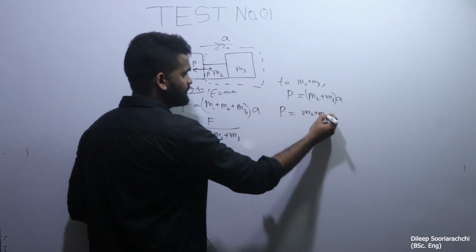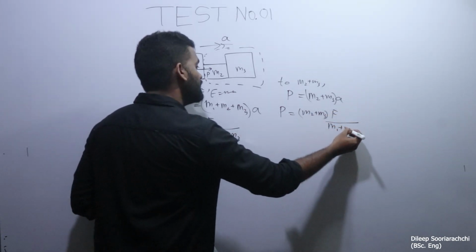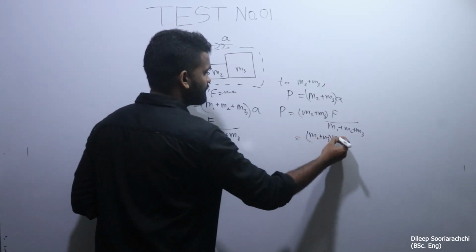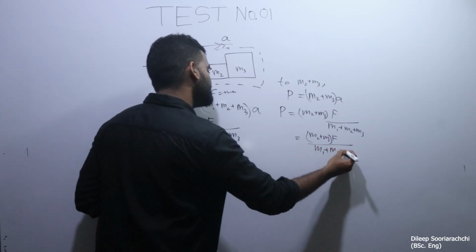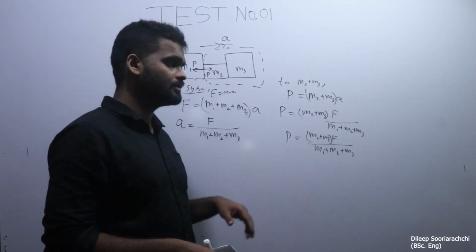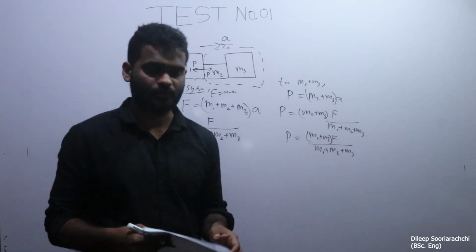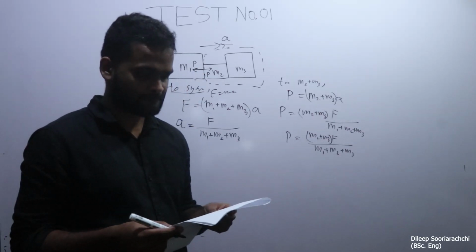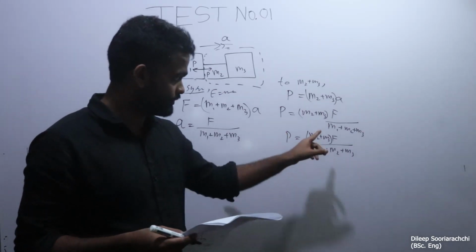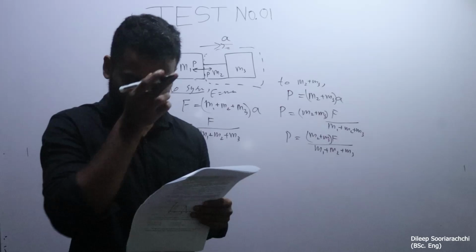So P equals M2 plus M3 times F divided by M1 plus M2 plus M3. So this is the normal reaction between M1 and M2. This P also is the same, right? Those are action-reaction forces. So the answer should be the third one, right? Sorry, not the third one, it should be the fourth one. M2 plus M3 times F over M1 plus M2 plus M3. So the answer should be the fourth one.